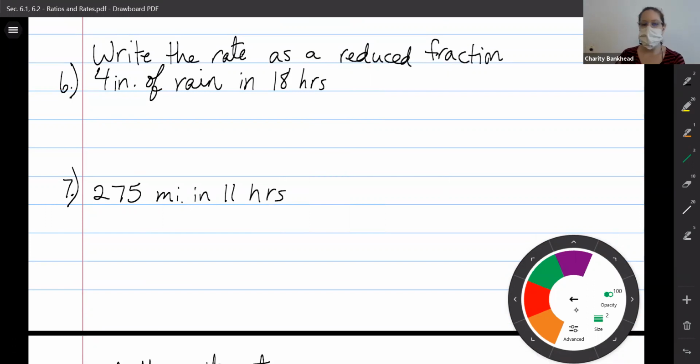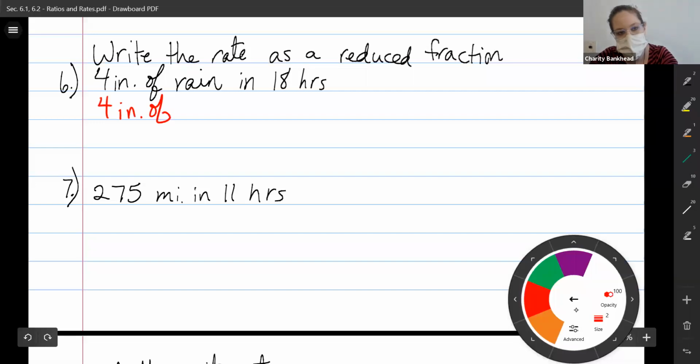Okay, so those were ratios. So ratios have the same units, or they can be converted into the same units. Rates do not have the same units. They have like 2 completely different units. So 4 inches of rain in 18 hours. Okay, but I'm just going to write 4 inches of rain over 18 hours.